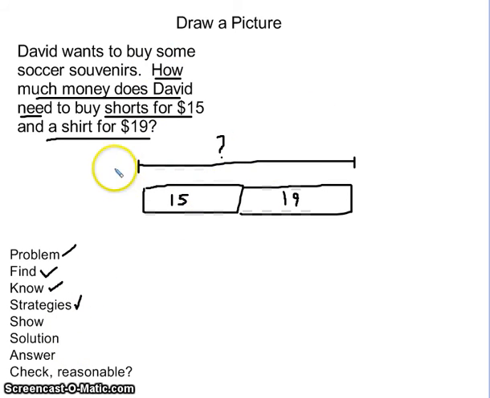And then when I look at this, I want to find out from here to here, which is part 15, part 19, and if we combine them together, I need to add. So now I'm going to show myself adding 15 plus 19.